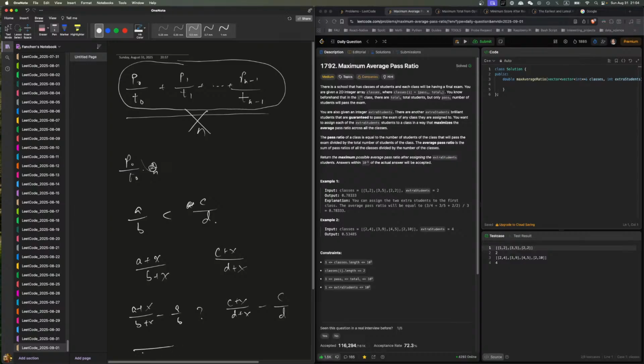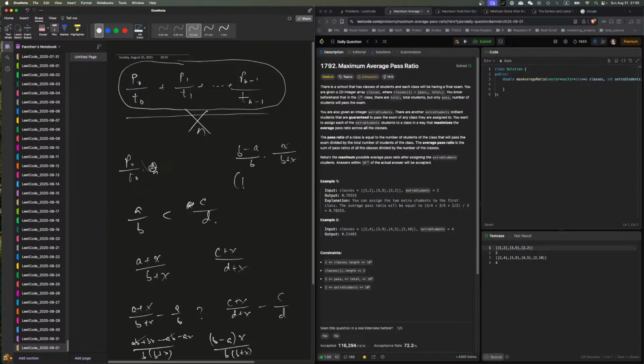So if I do this, this is going to be (AB plus BX minus AB minus AX), so that's (B minus A) times X divided by B times (B plus X). So that's (B minus A) over B, times X over (B plus X).